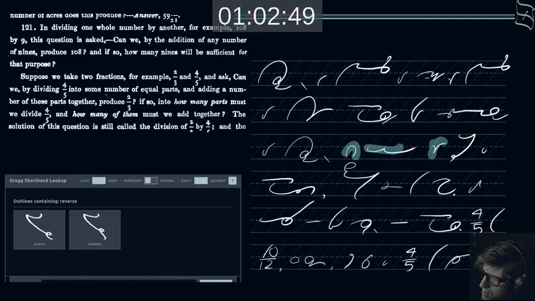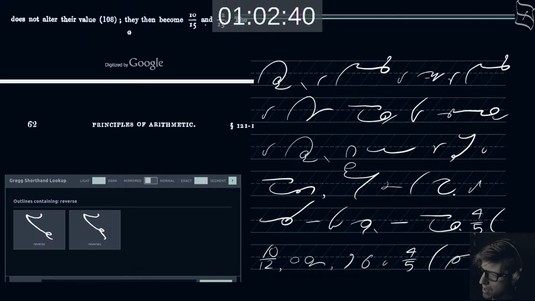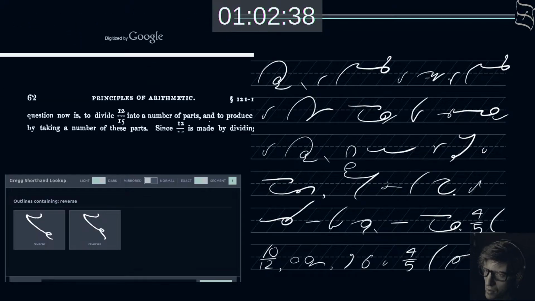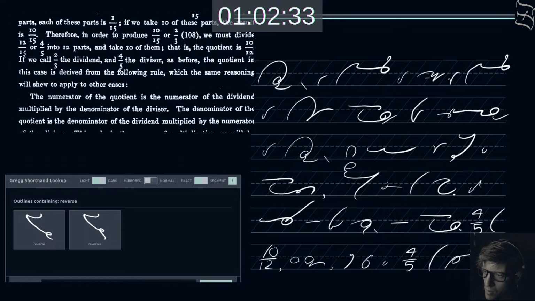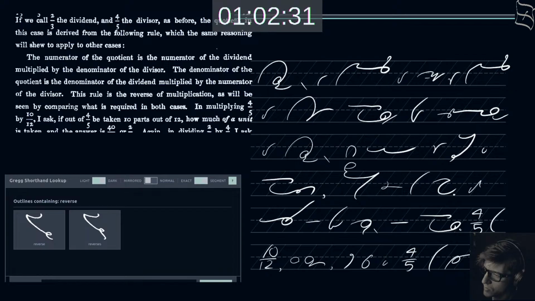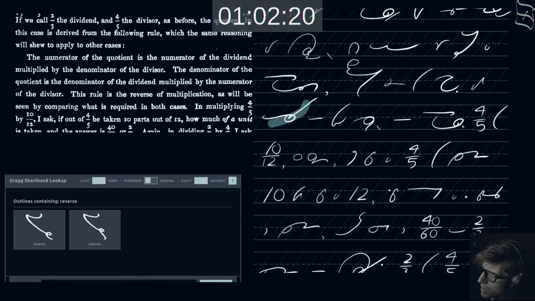This rule is the reverse. That's right. This rule is the reverse of multiplication, as will be seen by comparing what is required in both cases.